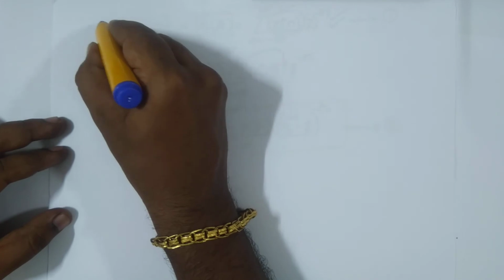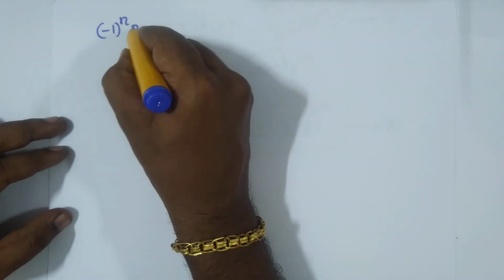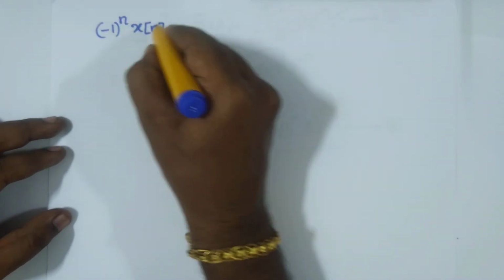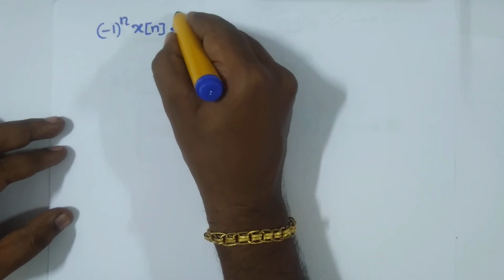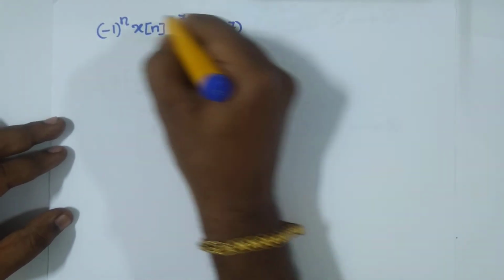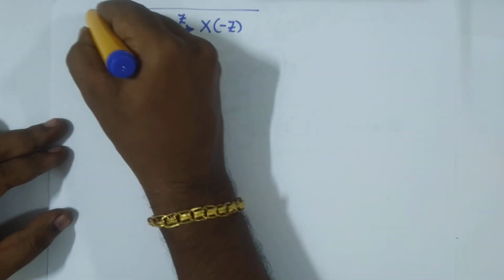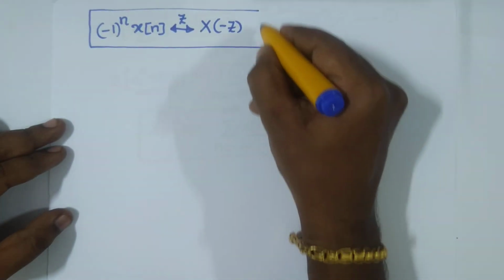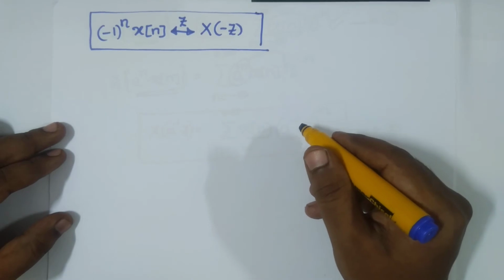So what we have is minus 1 power n x of n, whose Z transformation is x of minus z. This is what we obtained by letting a equal to minus 1 in our compact form.